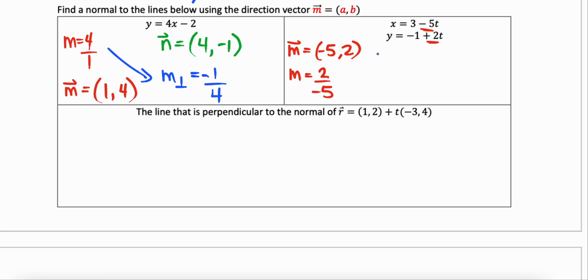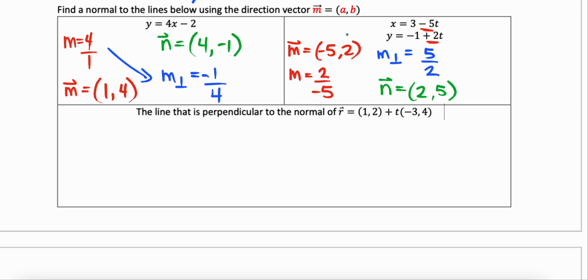Now a slope that is perpendicular to that would be 5 over 2, which means my normal vector would be 2, 5. You might get to a point where you don't need to write out the slope using rise over run. You could go right from that direction vector to a normal vector, knowing that all you do is switch the positions of the numbers, and then if it's negative, you make both numbers positive. If both numbers are positive, you make one of those negative.